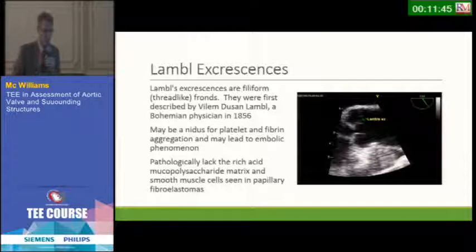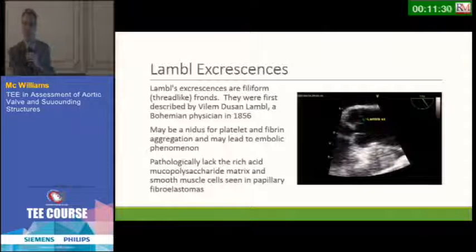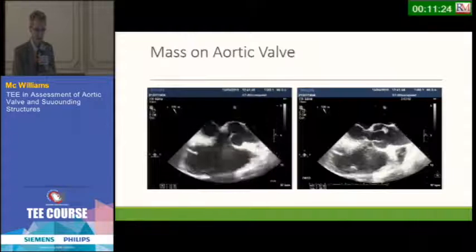They don't have the same smooth muscle cells and rich mucopolysaccharide matrix that you see with fibroelastomas. But Lambl's excrescences often cause echocardiographers a lot of concern when you're doing a TEE in a patient with suspected endocarditis. But they're like little hairs on the valves.